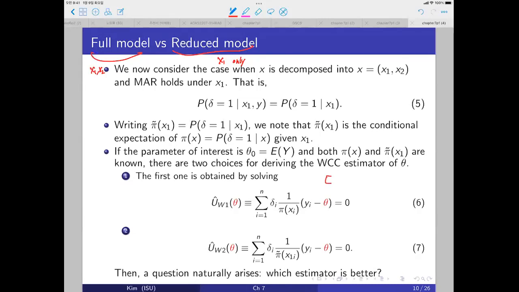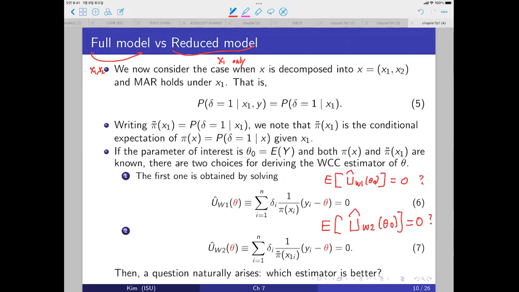First, is E of the estimating function for theta_1 equal to 0? Yes, because we already saw that, due to the property of delta equal to 1 given x and y, we have cancellation. And secondly, the estimating function for theta_2 is also 0.